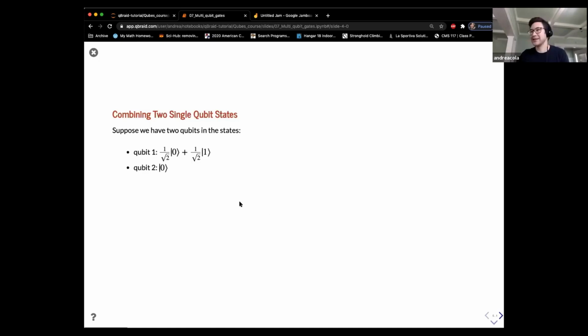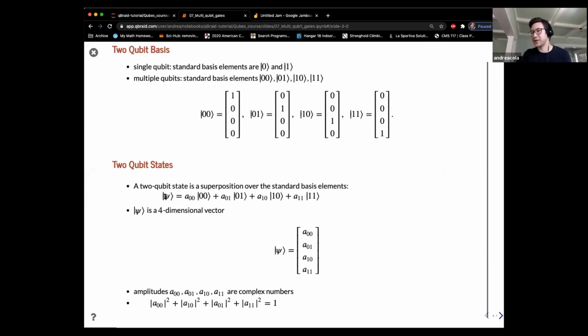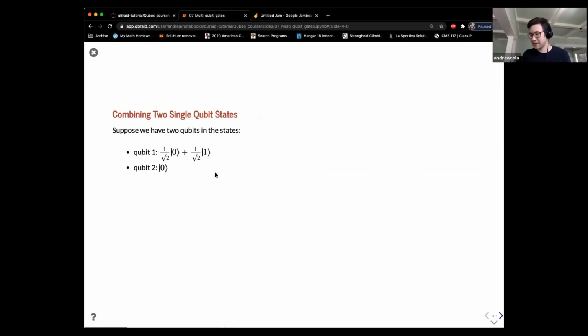I want you to write the state of these 2 qubits in this form here, where you're specifying the 4 amplitudes, or in the vector form. Basically, I want you to tell me what the 4 amplitudes would be if I were to specify this state of 2 qubits, which ought to be a valid 2-qubit state. What would the 4 amplitudes be? Any guesses?